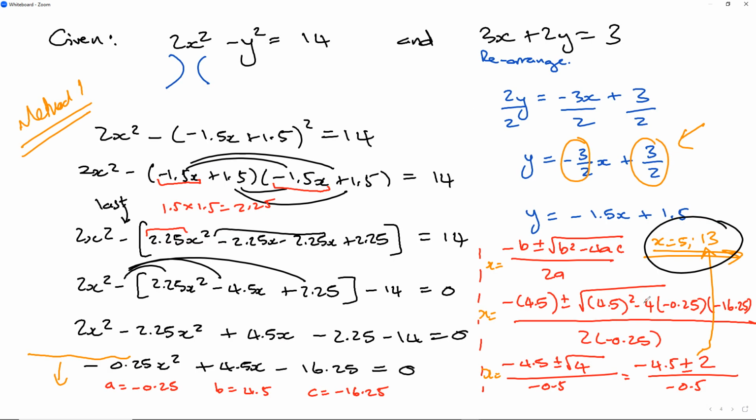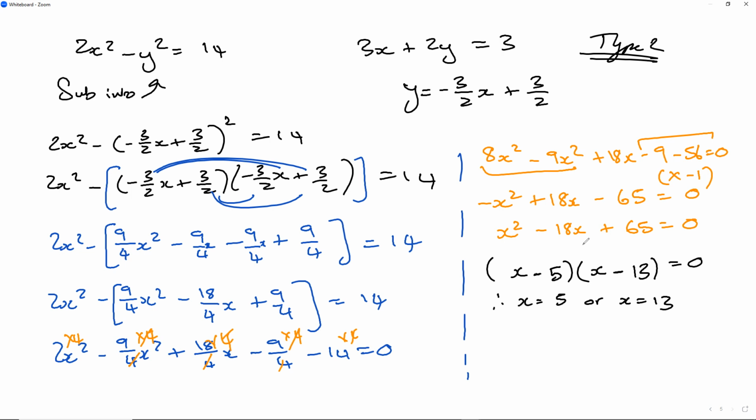Now, we did not find our Y values here yet. And we needed to substitute 5 in here and 13 in there as well to get the corresponding Y values for this. So in this case here, I would then substitute 5 into this equation here. So y will equal negative 3 over 2 times 5 plus 3 over 2, or y equals negative 3 over 2 times 13 plus 3 over 2.